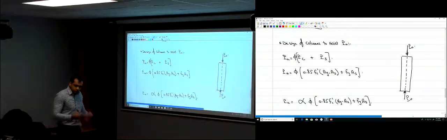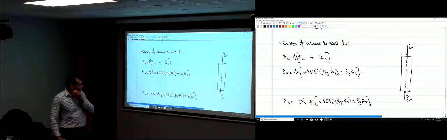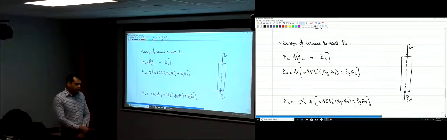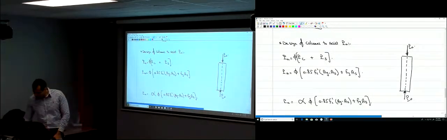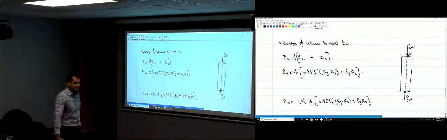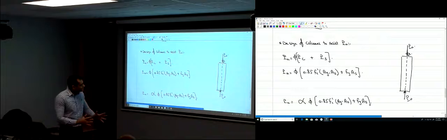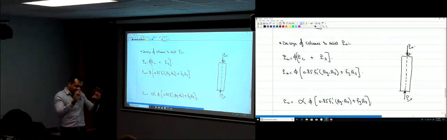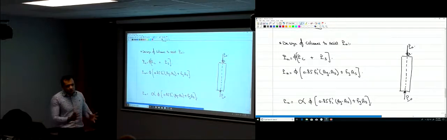Actually, when you build your structure, okay, there might be some mistakes in building the structure, so this P ultimate might have some eccentricity, e, small eccentricity, accidental eccentricity, okay? It's not intended, but it's due to, you know, the beam is not oriented directly over the center of the column, so you might have this small accidental eccentricity, okay?